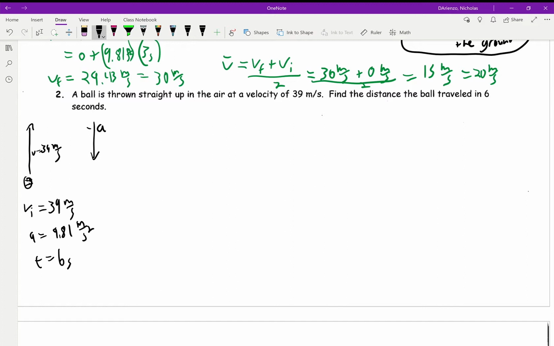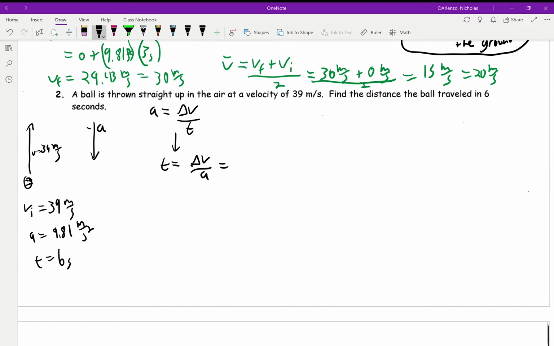So in order to figure that out, we can use our acceleration equation, a equals delta v over t, which if we reorganize and solve for time, becomes delta v over a.